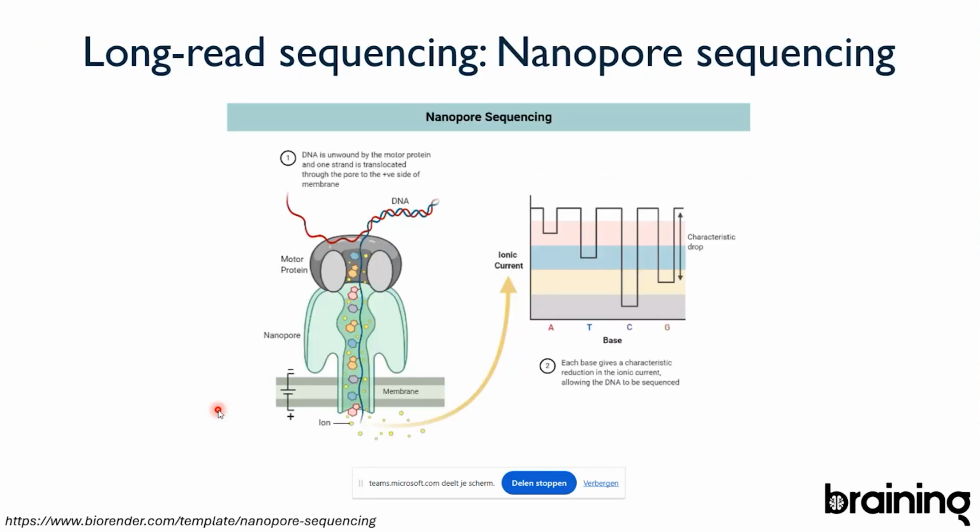The second type of long-read sequencing works with a very, very different concept, and that's nanopore sequencing, basically. So with nanopore sequencing, the idea is that you have all kinds of small pores, and the pores are in the nanometer region. That's why it's called nanopore. And these small pores, they span a membrane.